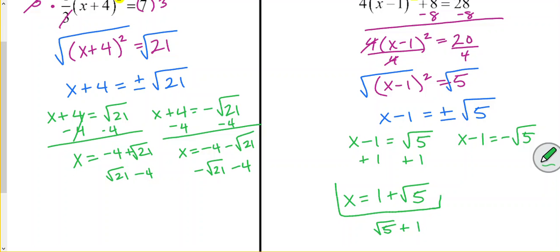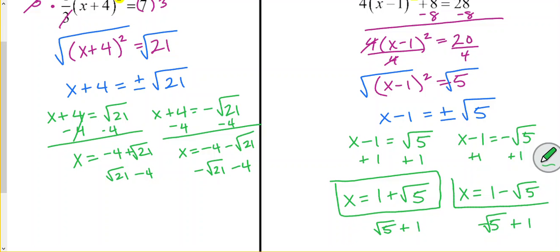This is the proper mathematical way to write it, but either way is acceptable. Add the 1, and we get x to equal 1 minus the square root of 5, or again, negative square root of 5 plus 1. But this first way is the proper way to write it in math.